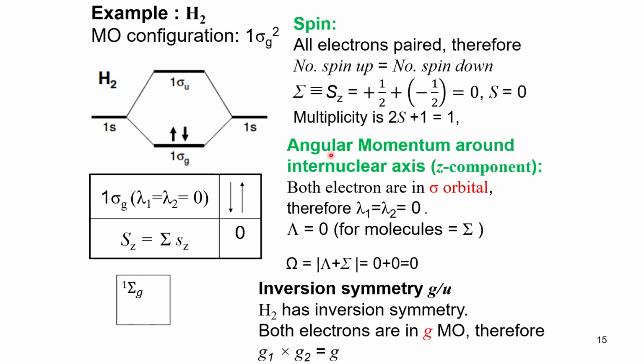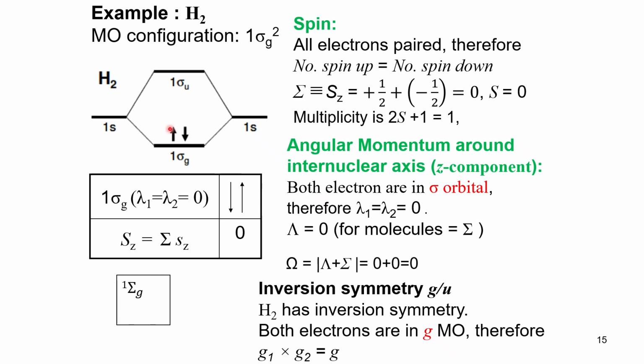Next we have to find out the angular momentum quantum number around the internuclear axis. Because both electrons are in the sigma orbital, lambda 1, or the angular momentum quantum number for electron 1 with reference to the z-axis or the internuclear axis, is the same as lambda 2.